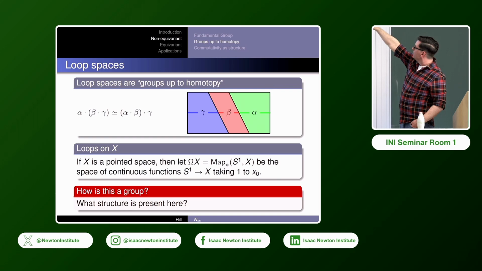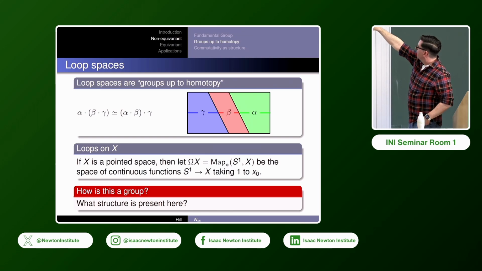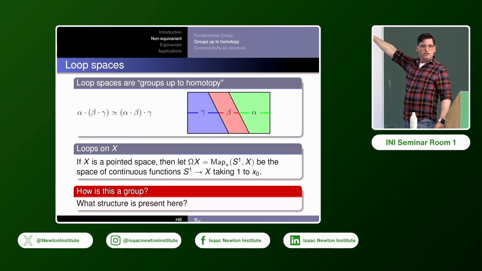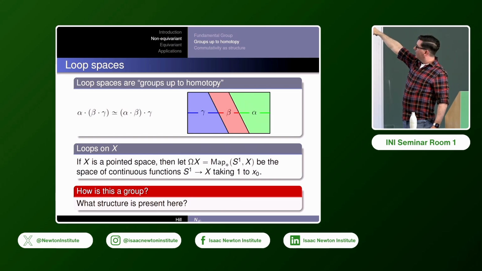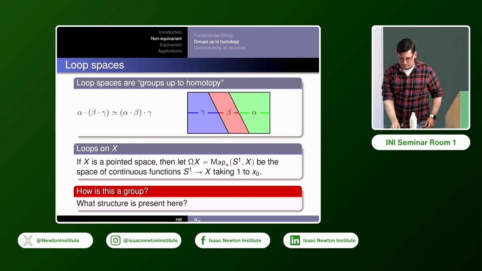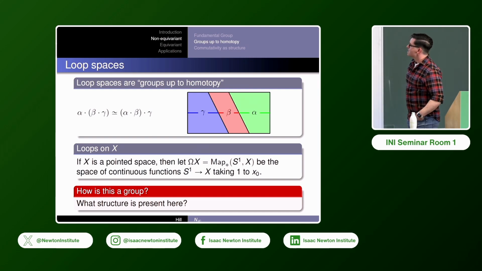There's the part where I do beta times gamma. That's the left-hand part, the sort of purple and red. And then I also have the half where I did alpha. Whereas the other way I could have associated would have been a part for alpha times beta. That all has to take place in the same half interval. And then the other half interval got the part associated to gamma. So I'm running them at different speeds.